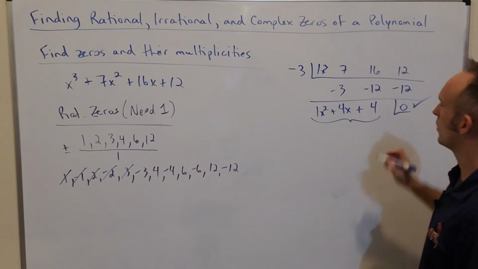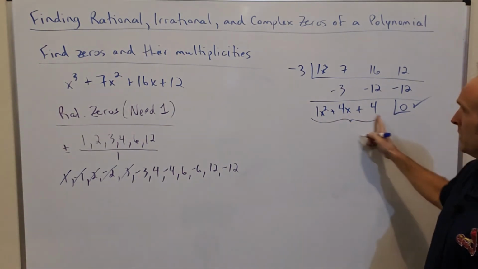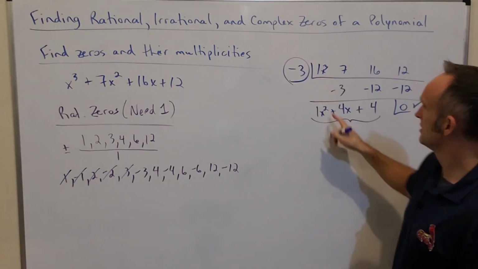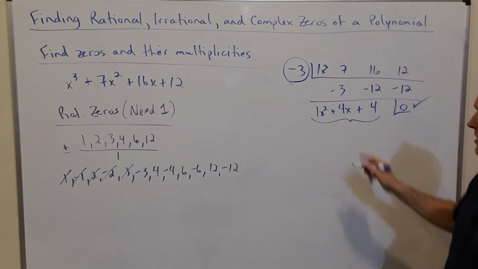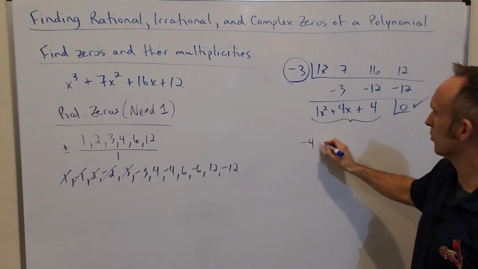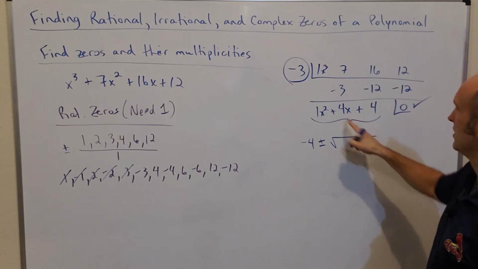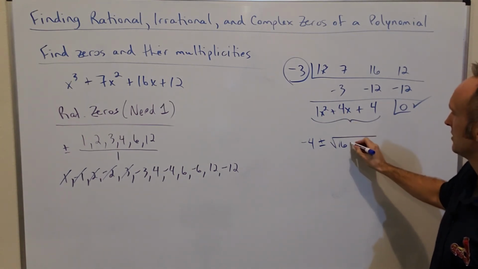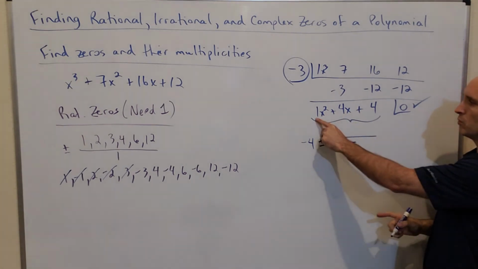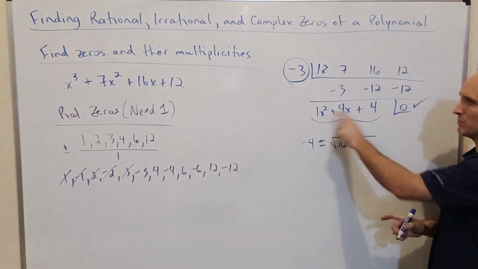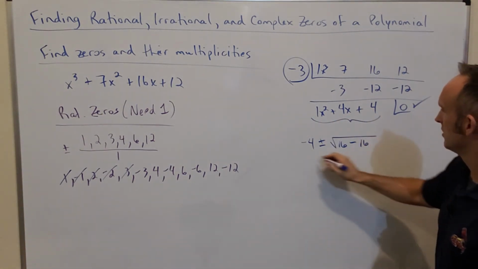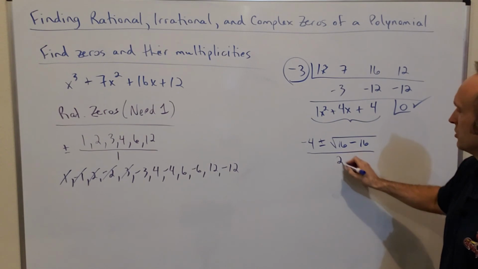So there's our quadratic. We need to use the quadratic formula to get the zeros of this guy. So we get -b, so -4, plus or minus the square root of b squared, which is 16, minus 4 times 1 times 4. So 4 times 1 times 4 is 16, over 2 times 1, which is 2.